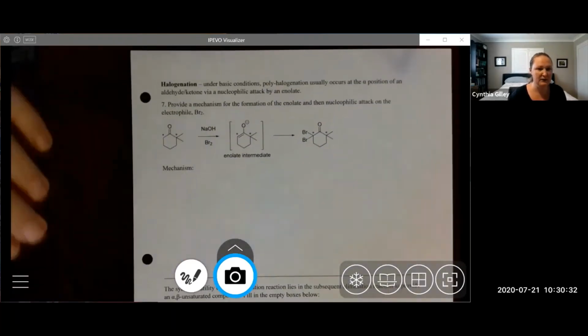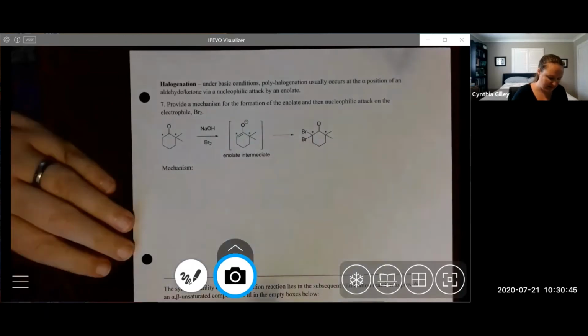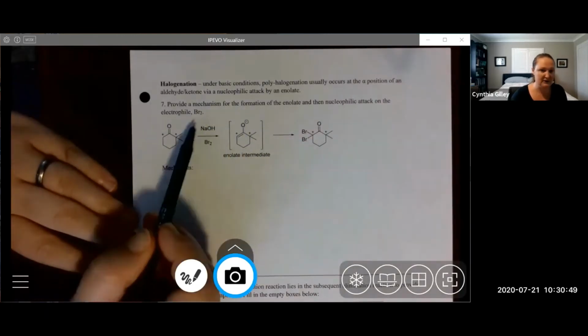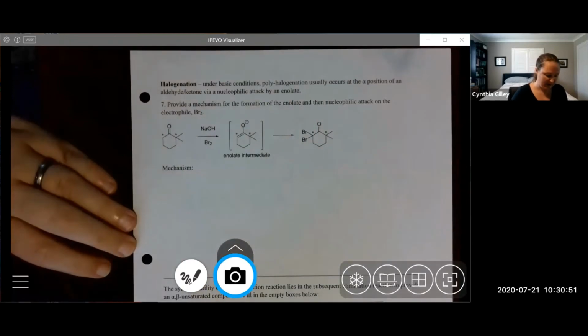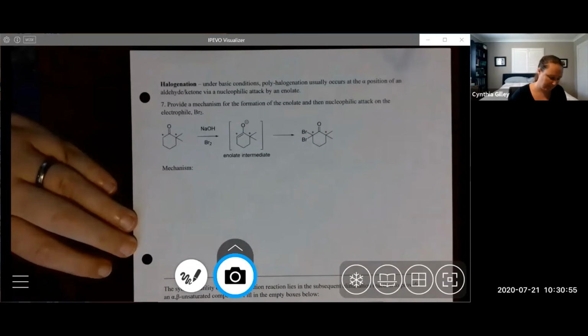Okay, we can also do halogenation under basic conditions, although typically polyhalogenation will occur instead of monohalogenation. So let's see how we form the enolate, right? Being carefully using basic conditions to do that, and then reaction of the enolate to add the bromines.